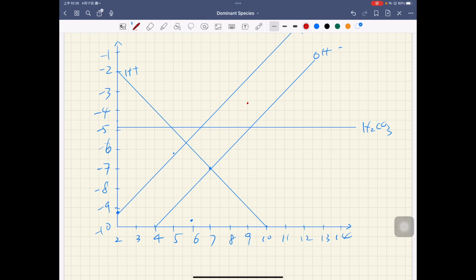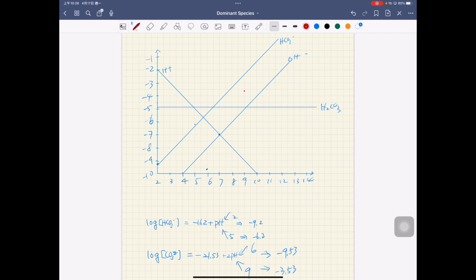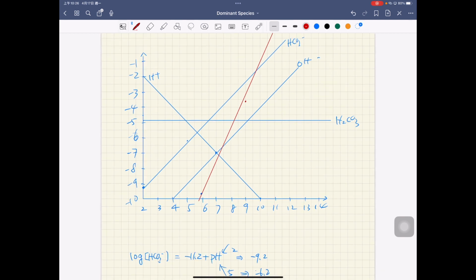So that long line will look like this. These 2 points. Okay. Not very accurate. You got okay with this one?